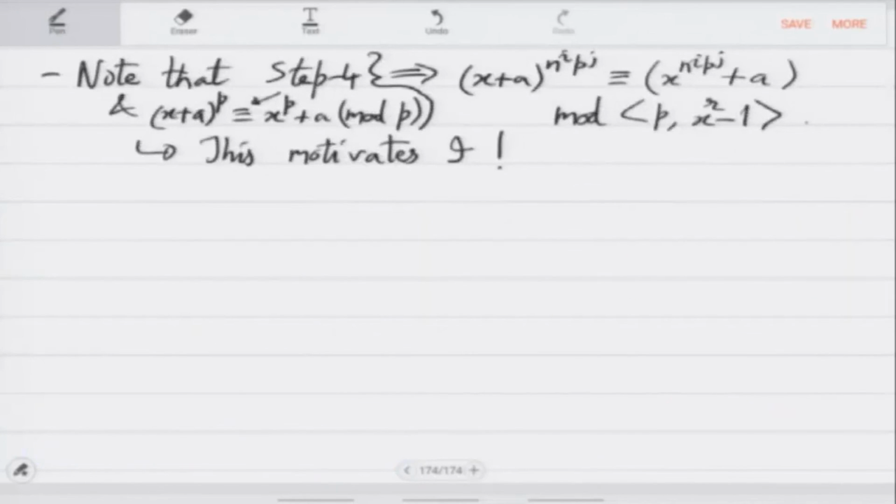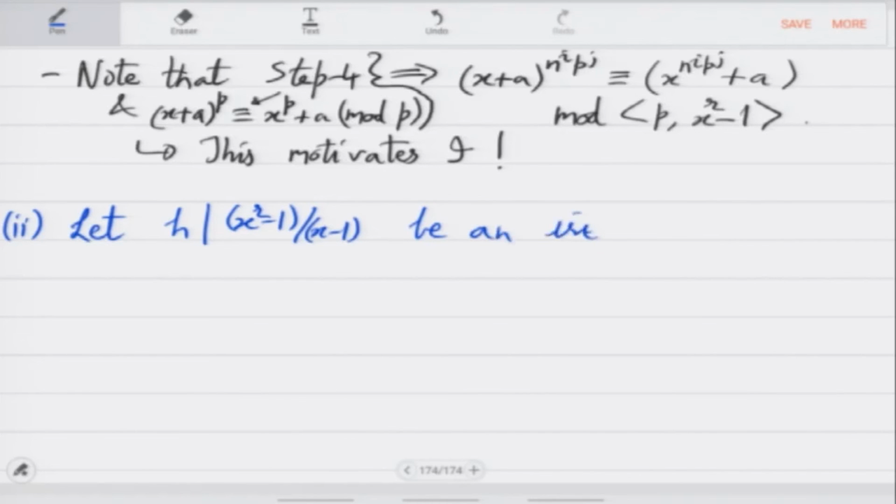Okay, next we do the group J. So let h be an irreducible factor of the cyclotomic polynomial mod p.